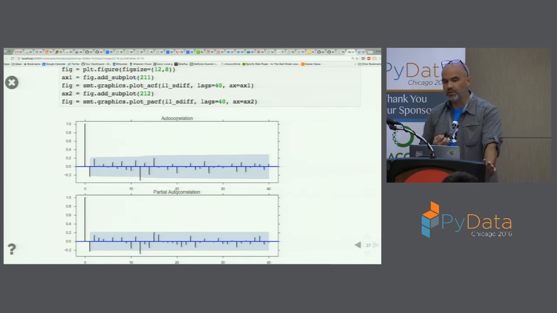And so roughly what this shows me is that there are significant components at both the 12-month lag in the partial autocorrelation and the correlation, and possibly a significant lag at 1 month.